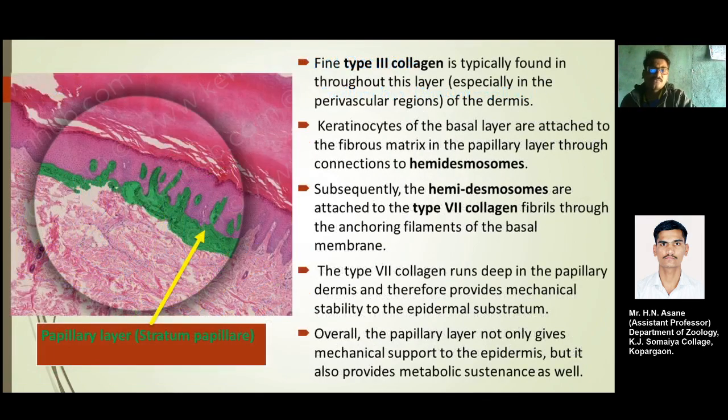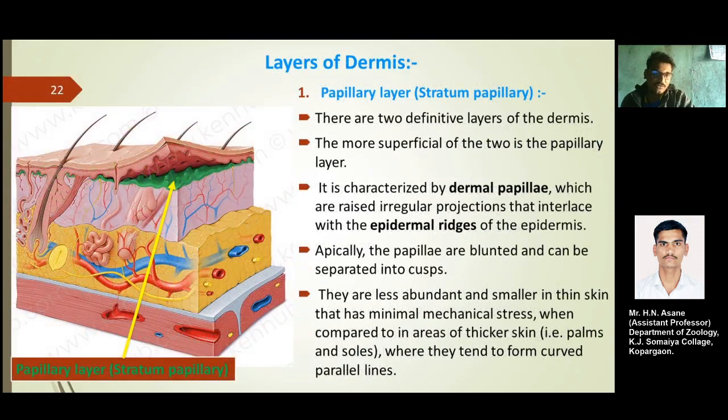Now the fine type 3 collagen in the dermal papillary layer. As you can see in the picture, you are going to understand the papillary layer, or the stratum papillare, below the epidermis. The first layer of the dermis is the papillary layer, highlighted in green, at the top of the dermis.